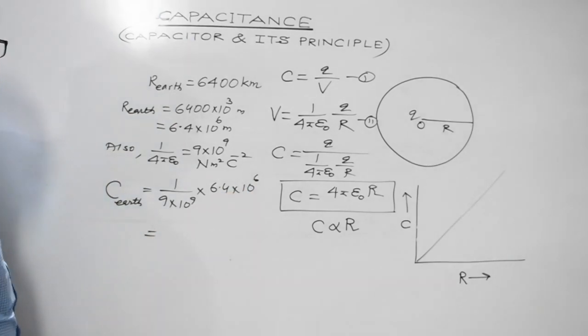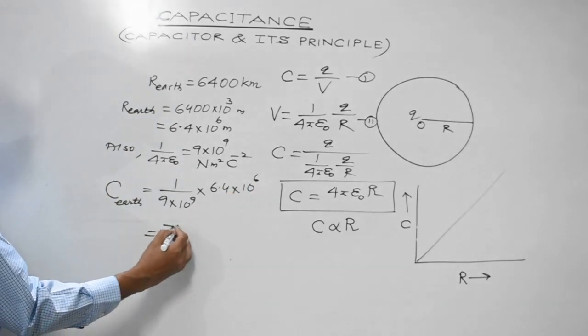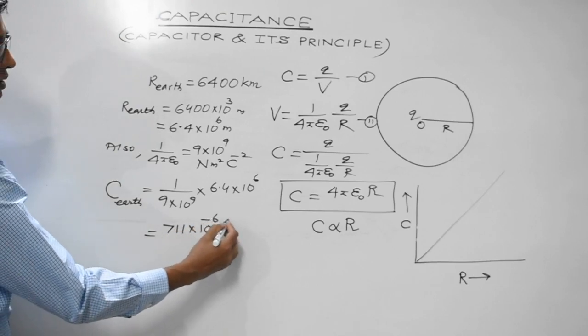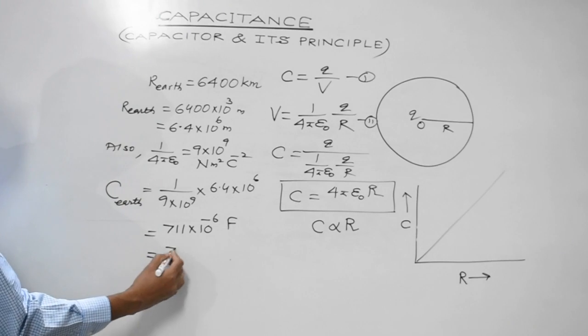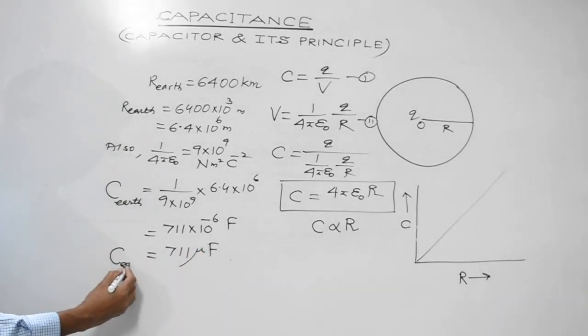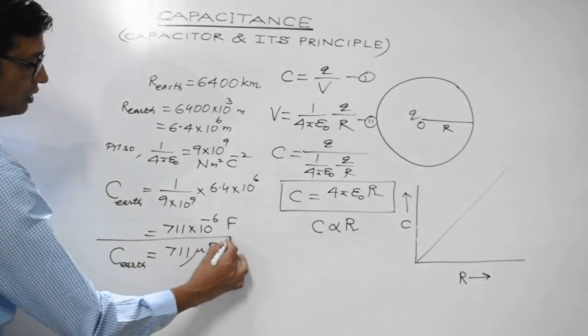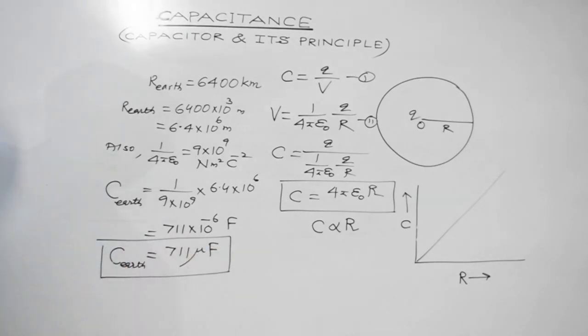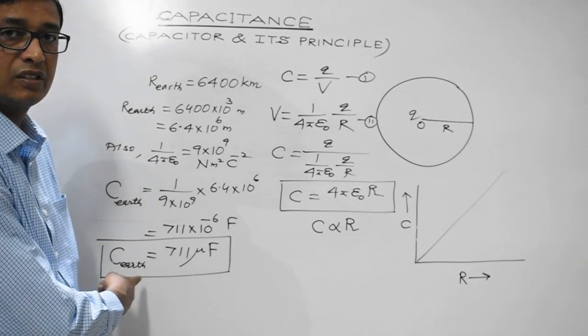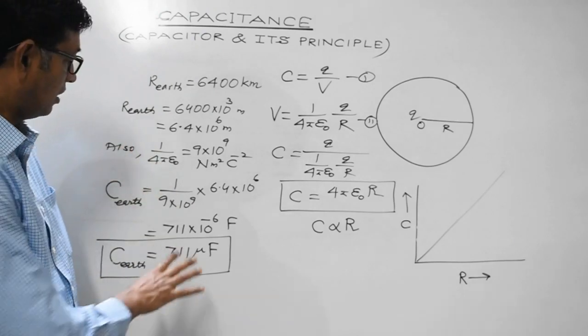You can easily solve it. The answer would be 711 into 10 to the minus 6 farad, or 711 microfarad. This is the capacitance of the Earth. So Earth, when treated as a spherical conductor, its capacity is 711 microfarad.